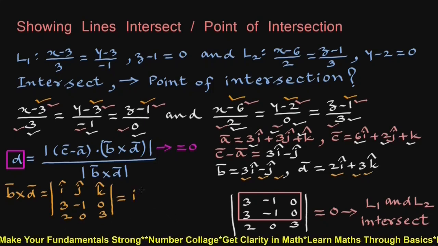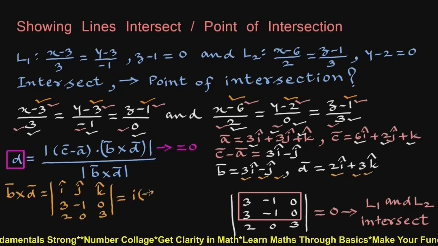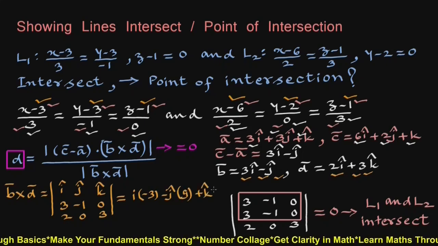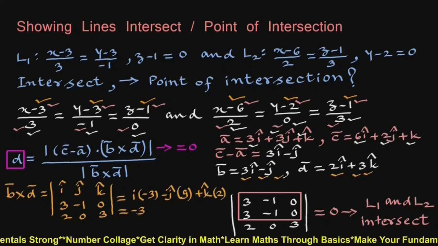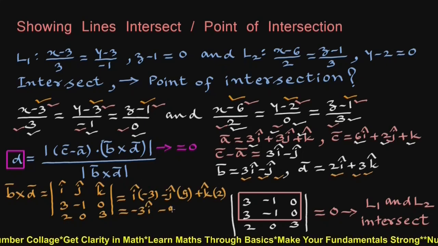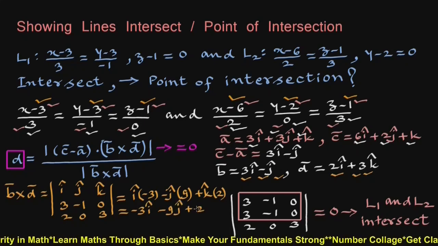That will be i into minus 3 minus j into 9 plus k cap into 2, which is minus 3 i cap minus 9 j cap plus 2 k cap.